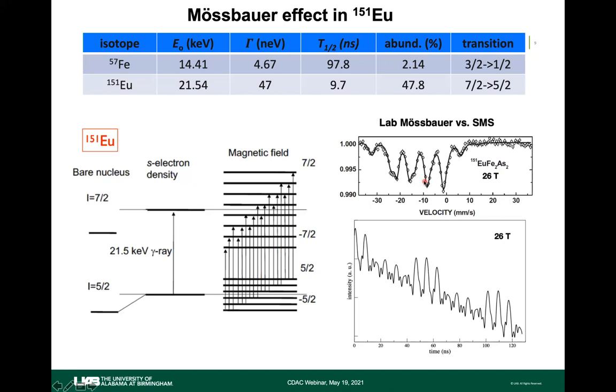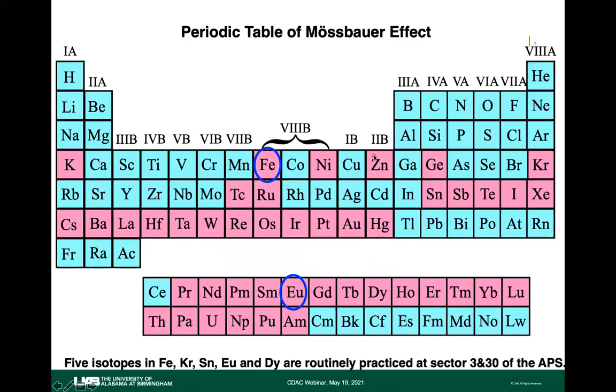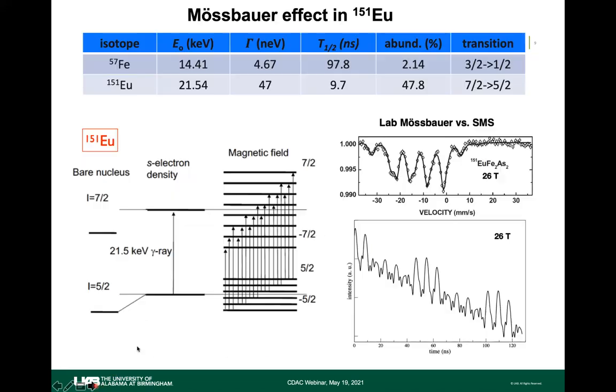However, if you look at the lab Mossbauer data done with a radioactive source, you see there are not really 18 transitions. That's because many of the transition lines in energy are close to each other, and on top of that, there is broadening from the experiment setup of the radioactive source, and you typically see 8 transition lines.